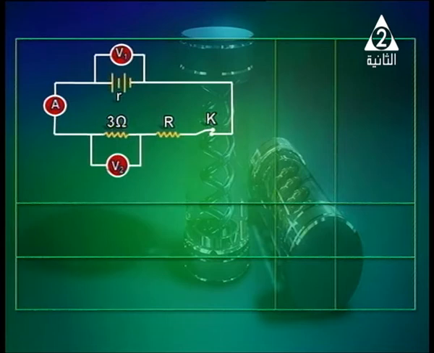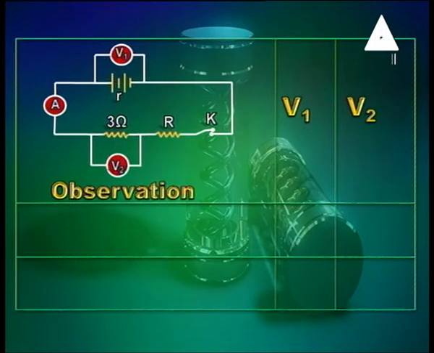V2 measures the voltage across the 3 ohm resistor, and the ammeter measures the current passing through the circuit.